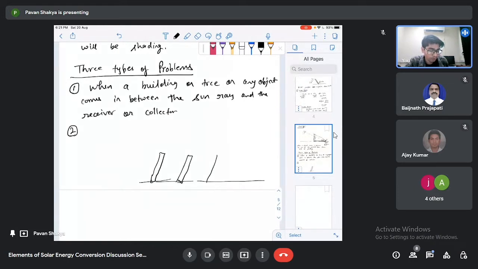This is more often seen in the solar field, where the shading of the first or earlier arrays falls on the second row. So this is our second type of problem, shading of collectors.